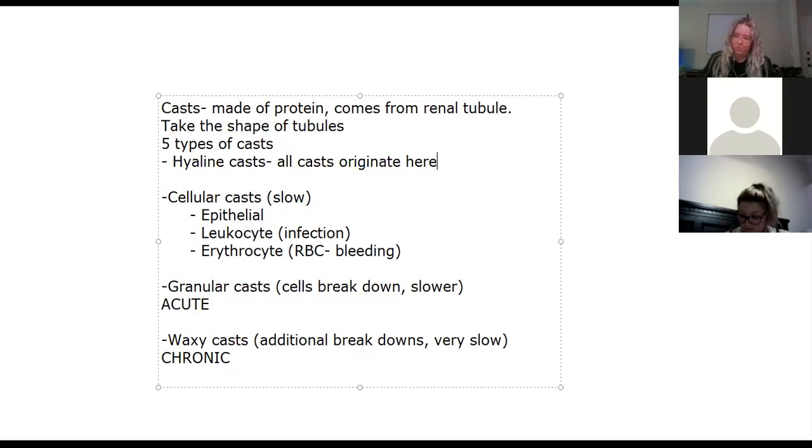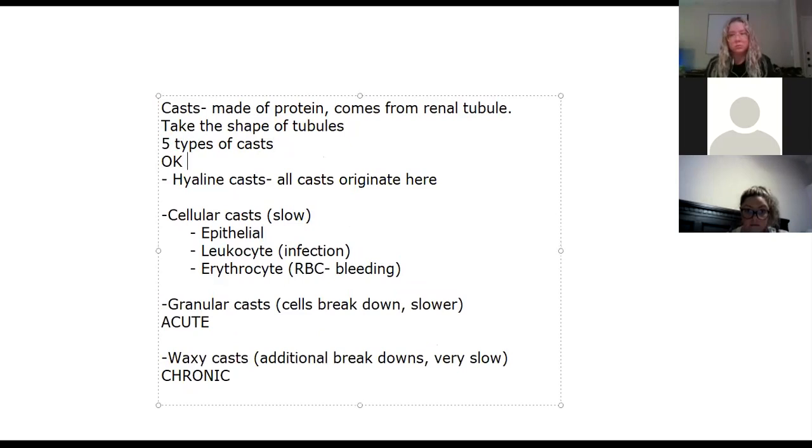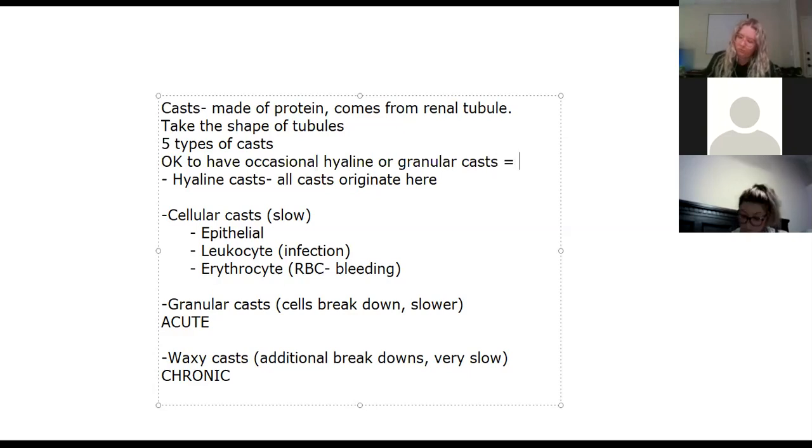And so it's okay in our urinalysis to have occasional hyaline or granular casts. So if we have more than just occasional, then we're going to have problems.